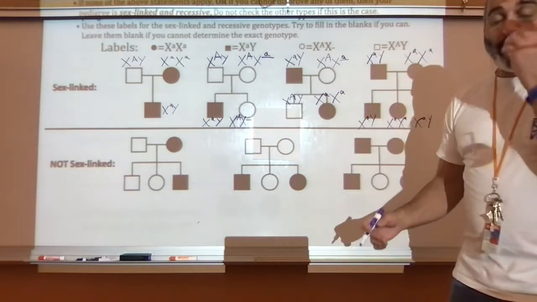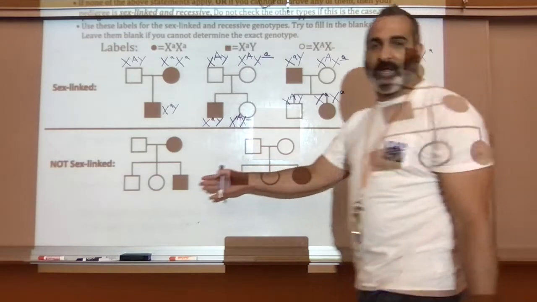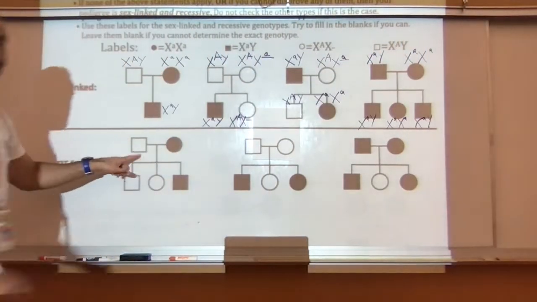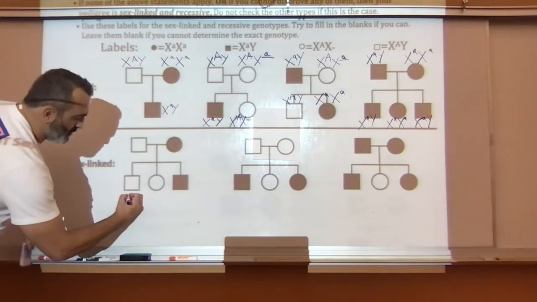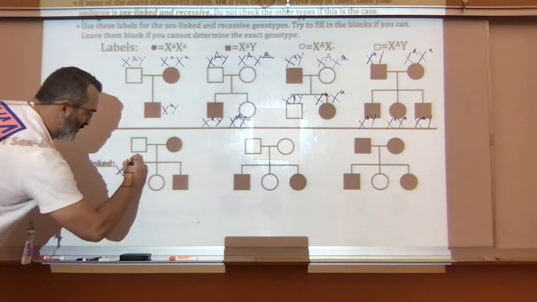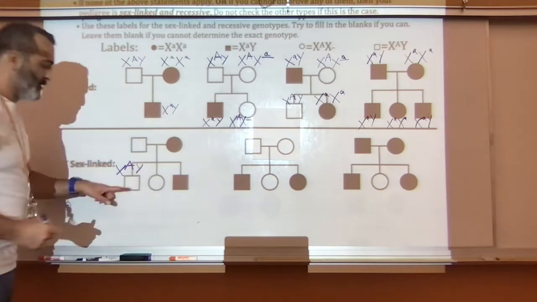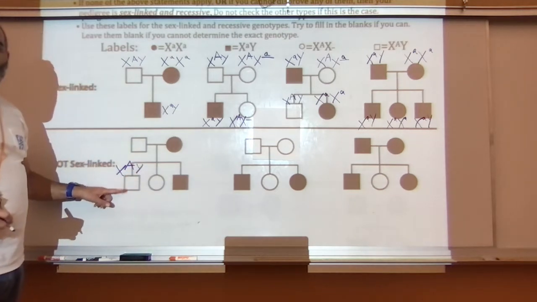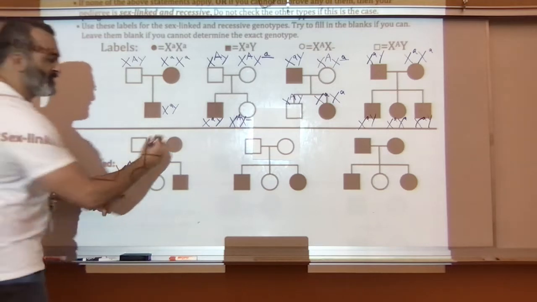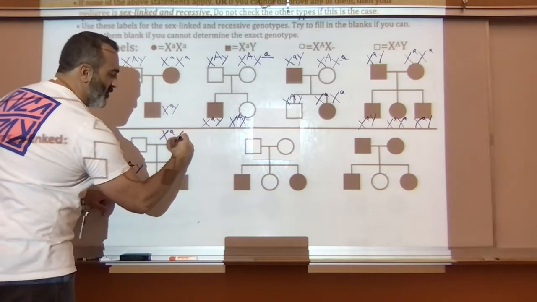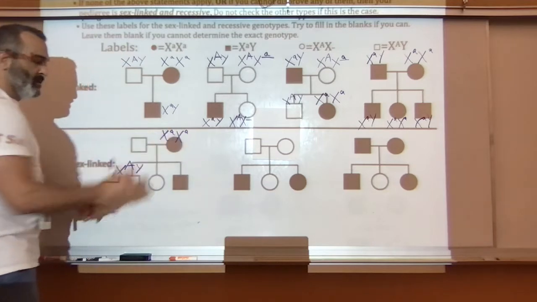Okay, let me show you down here, for example, why this one is not sex linked. Okay, here's why. That's a boy right there. That boy right there doesn't have it. He has an X, capital A, Y. This mom, she has only X's with small a's.